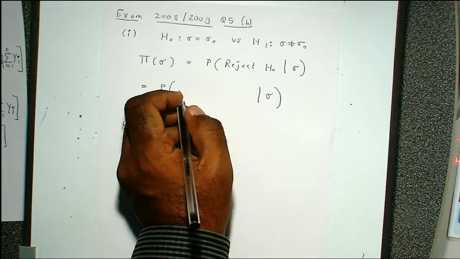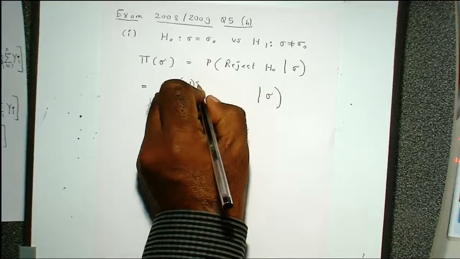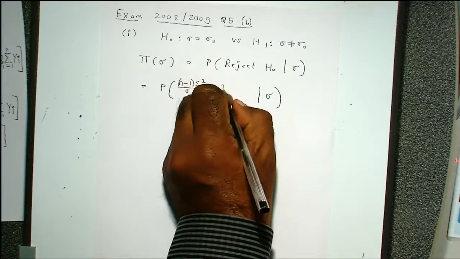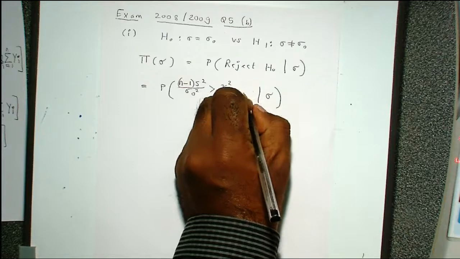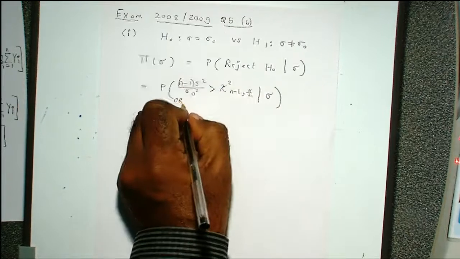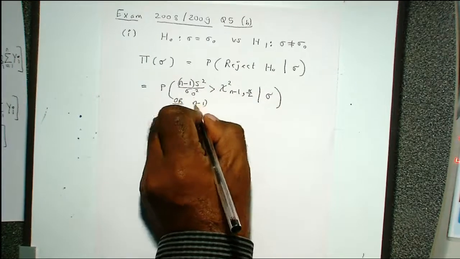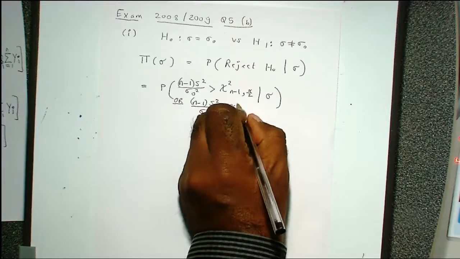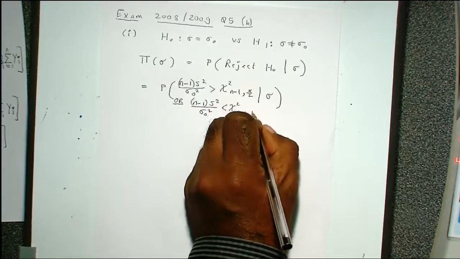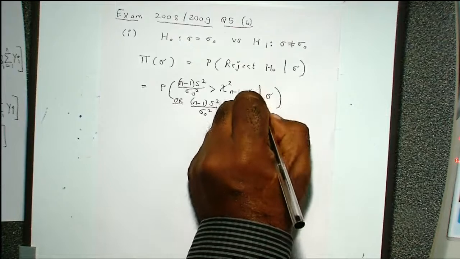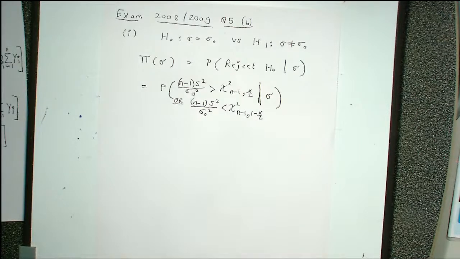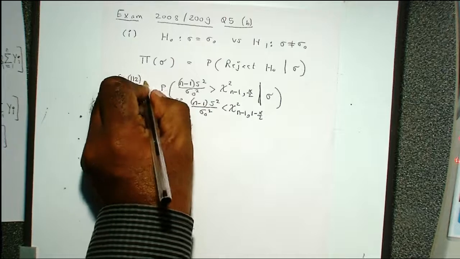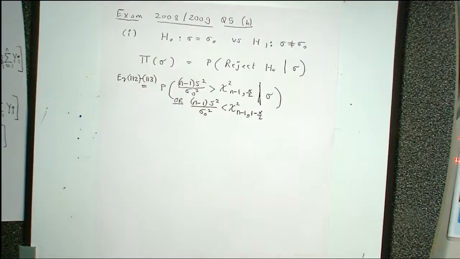So the rejection rules are that n minus 1 s squared divided by sigma 0 squared is greater than this, or the same thing, right? So this is by equation 1.1.2, 1.1.3.